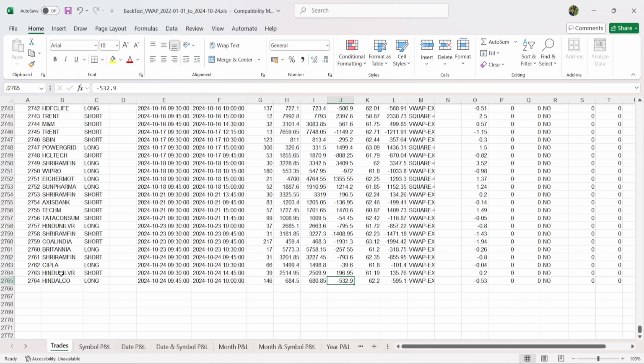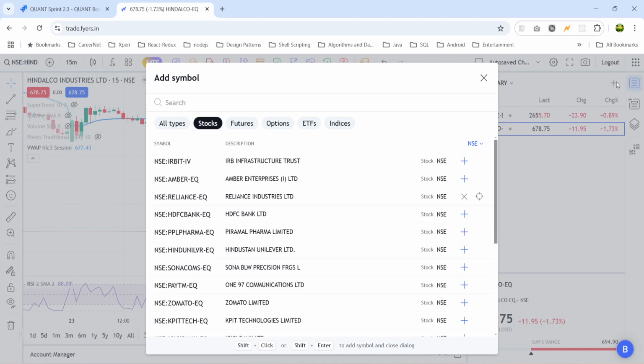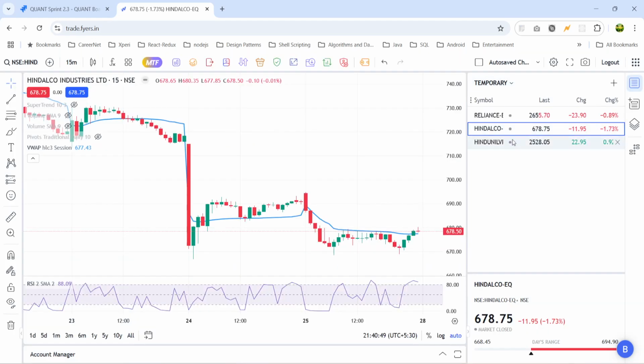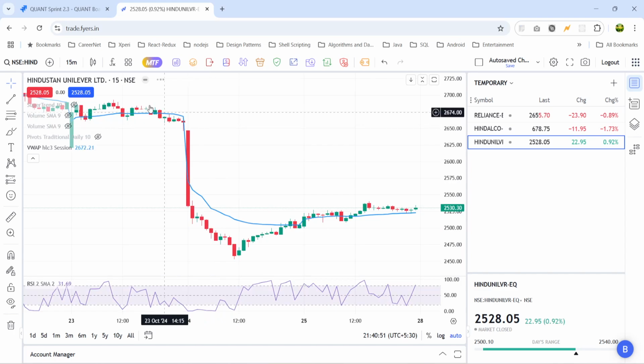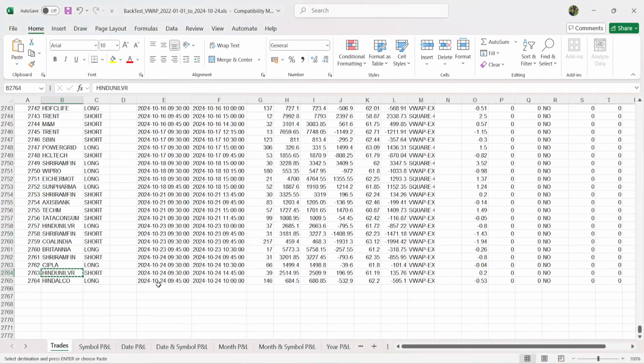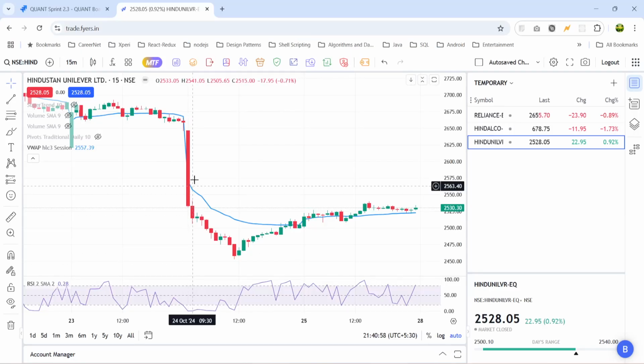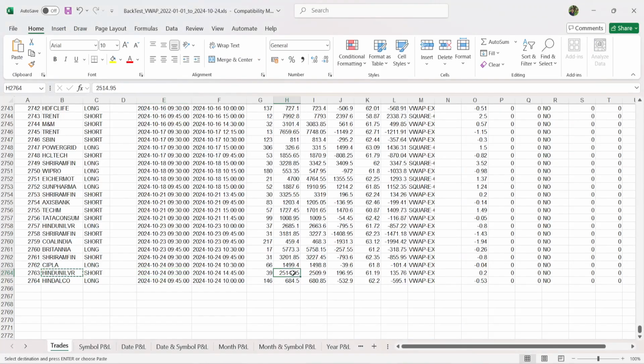Let us look at a short trade in Hindustan Unilever, the same day. Let me open the chart here. This is a 15-minute chart on the 24th. The trade was taken on the 9:45 candle, because we are ignoring the first candle, that's the reason we didn't trade on the first candle. So the second candle, a red candle, closed below the Vwap, and the closing price is 2515. See if it's matching. Yeah, it's 2514.95.